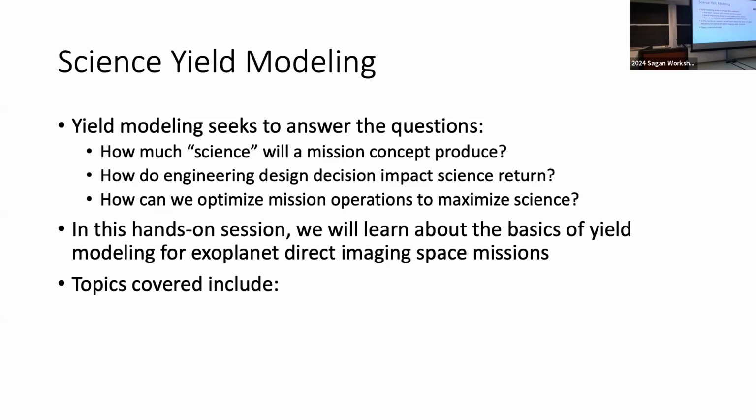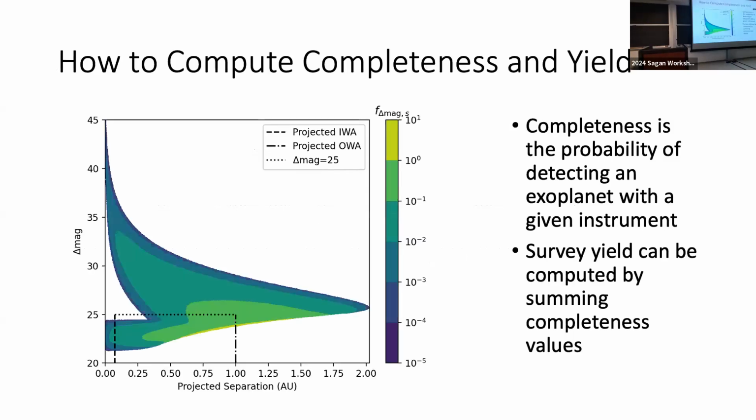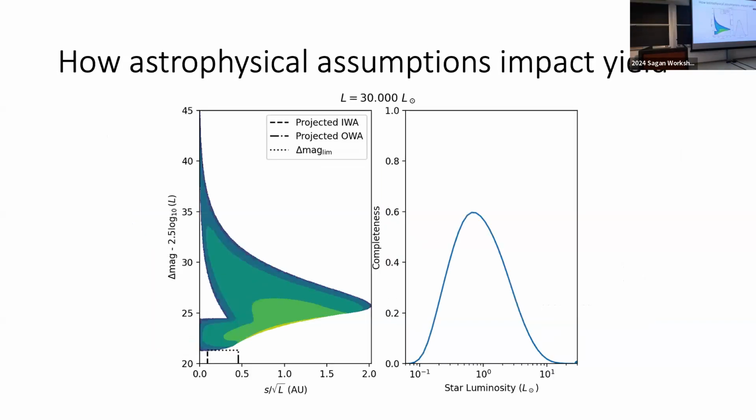So we'll learn about the basics of yield modeling for direct imaging of exoplanets for space missions. The scope of what we're going to cover will include how to compute completeness, and by this we mean the probability of detecting a planet around a single star, and how our astrophysical assumptions impact completeness and the rest of yield.